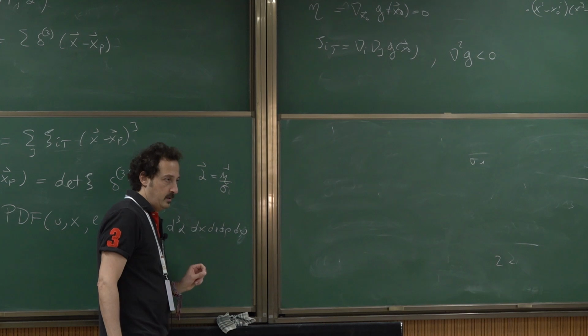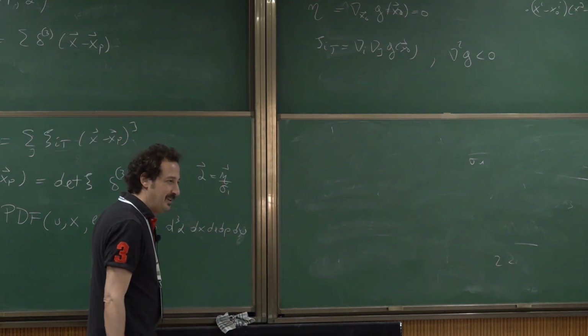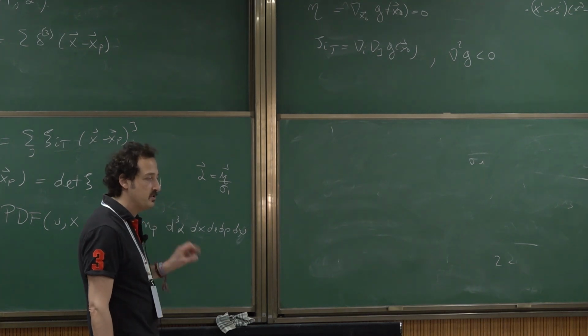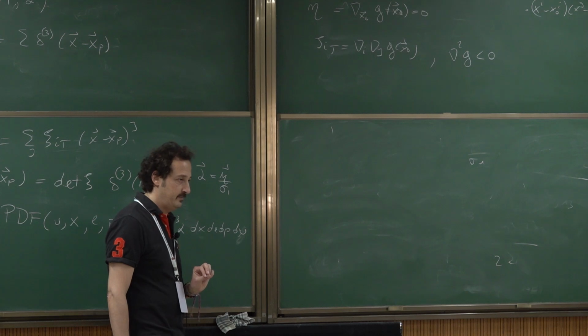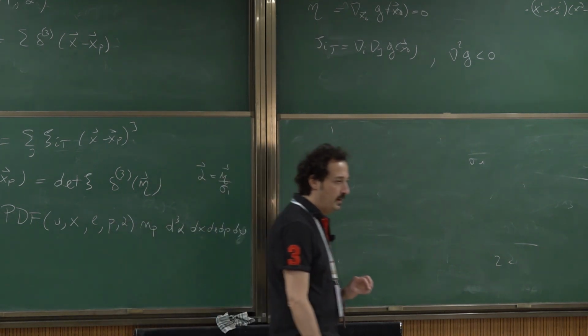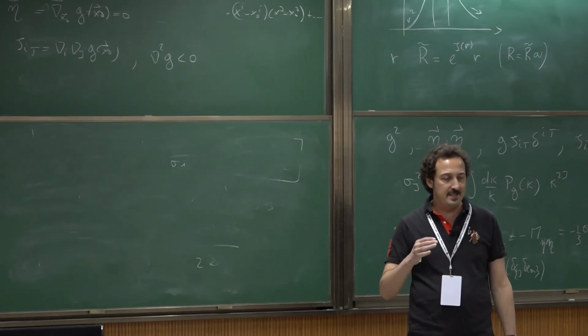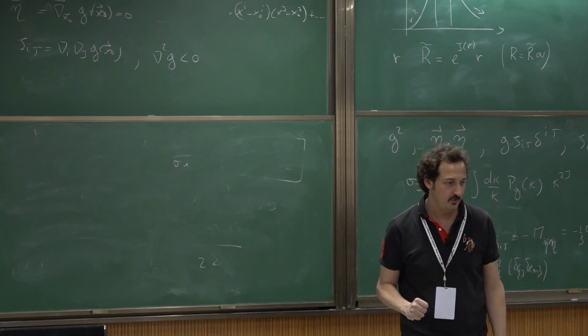There is no threshold here yet. We are not calculating the formation of black holes. We are just asking the following question: if I have a high peak, is it spherical or not? We will connect with the threshold. When I say a high peak, it means I am over threshold.